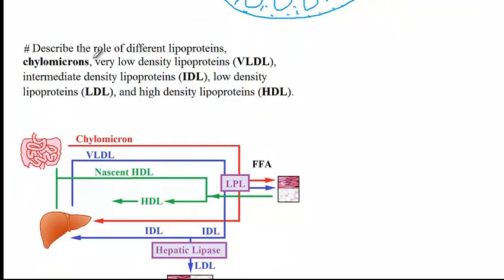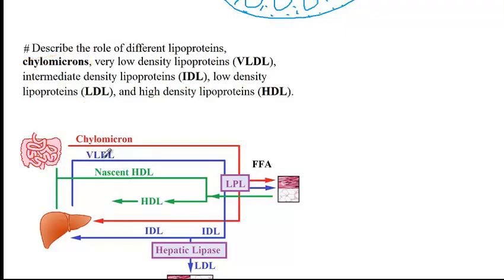We already discussed chylomicrons. What was the function of chylomicrons? They're secreted by intestinal epithelial cells and transport triglyceride to the peripheral tissues and cholesterol to the liver. Here you can see that it's transporting all the triglyceride to different tissues and then the cholesterol back to the liver. Now, what is the function of VLDL, IDL or intermediate density lipoprotein, low density lipoprotein, and high density lipoprotein?